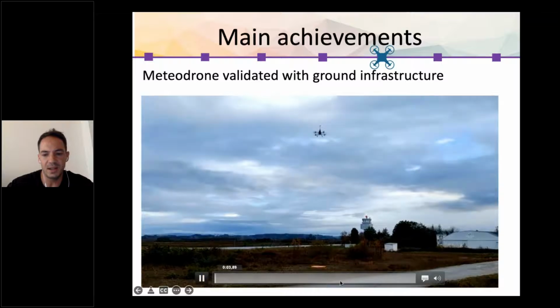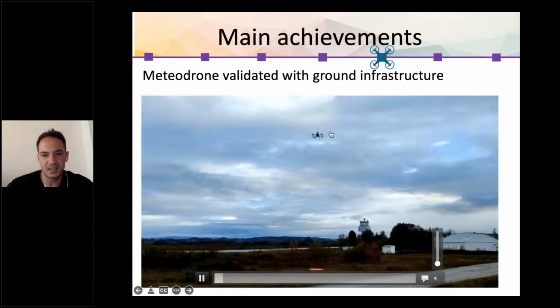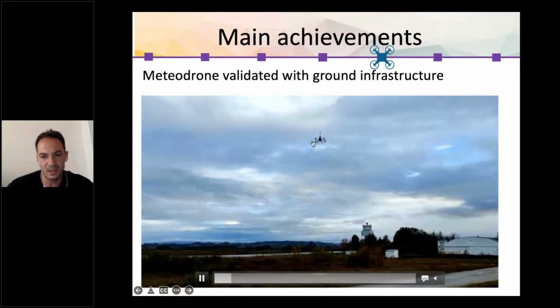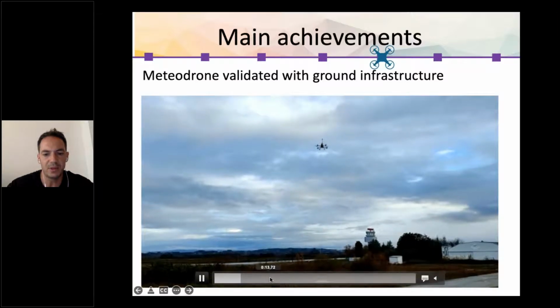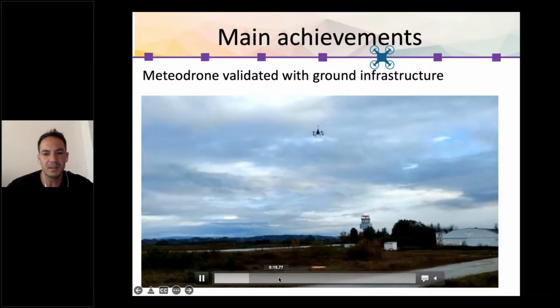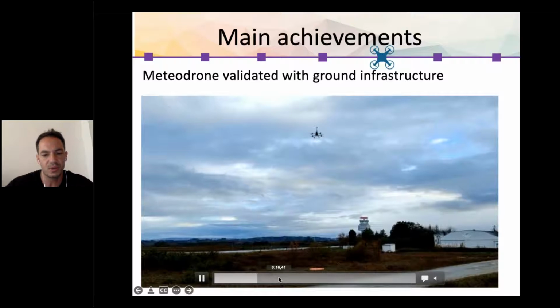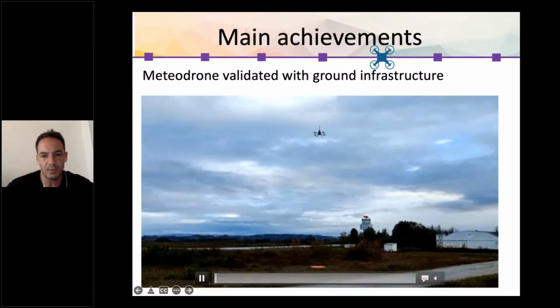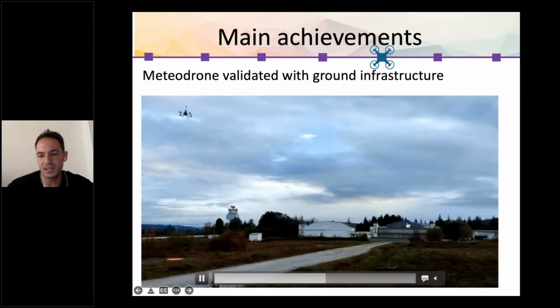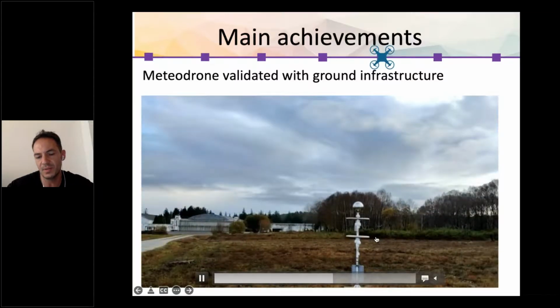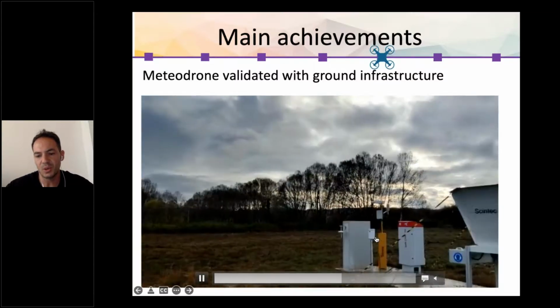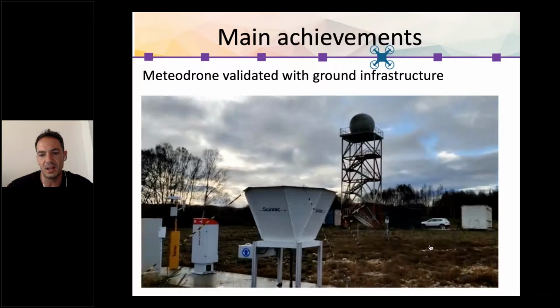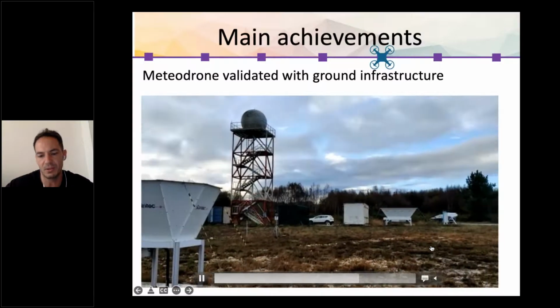We're flying in an airport, and the nice thing that we have here is that we have our drone characterized in atmospheric conditions, but at the same time we can validate that our models and the measurements that we are doing are good, as we have this nice ground weather station that they are using in this specific airport, so we can double check if our measurements are right or not.